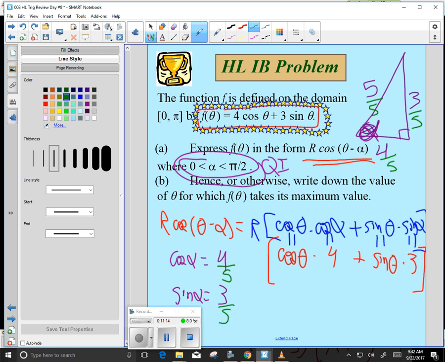So I'm going to change this to 4/5 and this to 3/5. So I'm multiplying everything arbitrarily by 1/5. You can't do that. That's against the laws of Minnesota. So what do you have to multiply out in front? 5. There's your R.